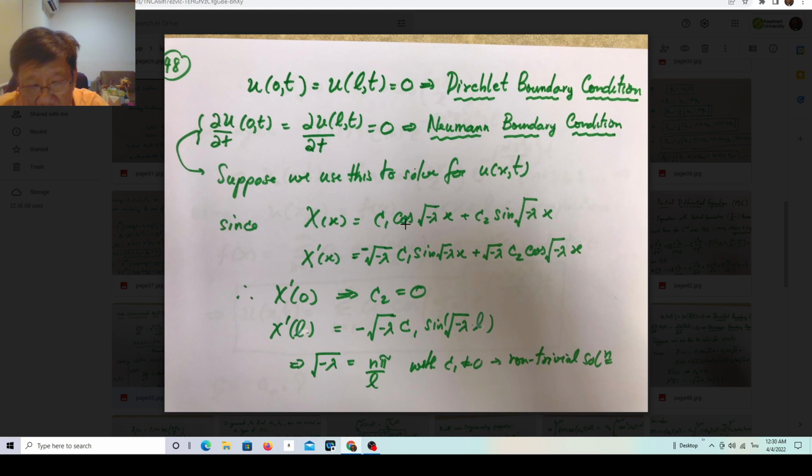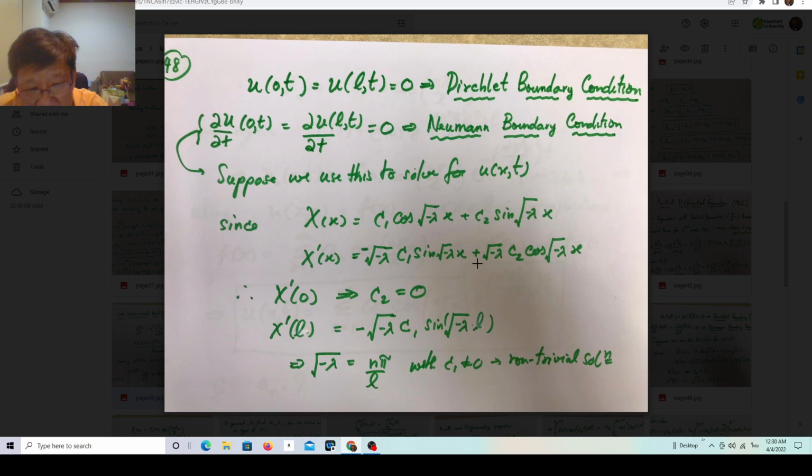This is c sub 1, and you find the derivative of cos of square root of minus lambda times x. The derivative of cos becomes minus sine, and then the constant square root of minus lambda comes out as another derivative. On the latter term, the derivative of sine gives cos, and certainly you have square root of minus lambda times c sub 2, because you need the derivative of what is inside the sine function, which is square root of minus lambda times x, with respect to x.